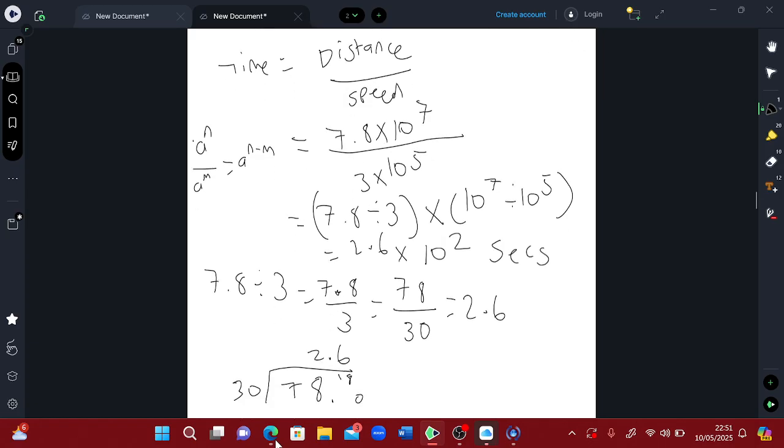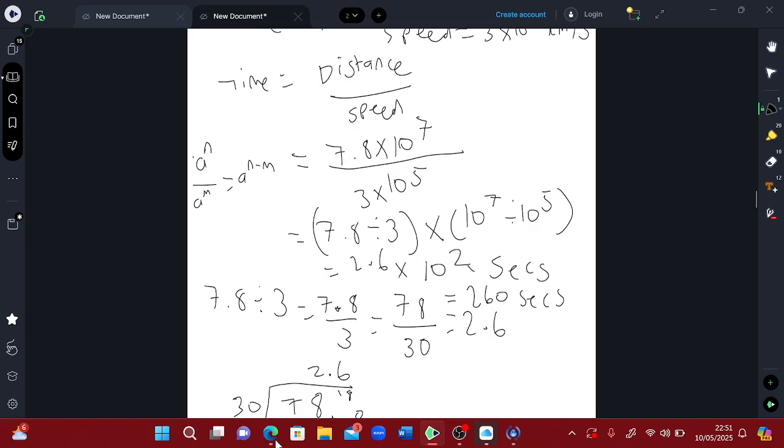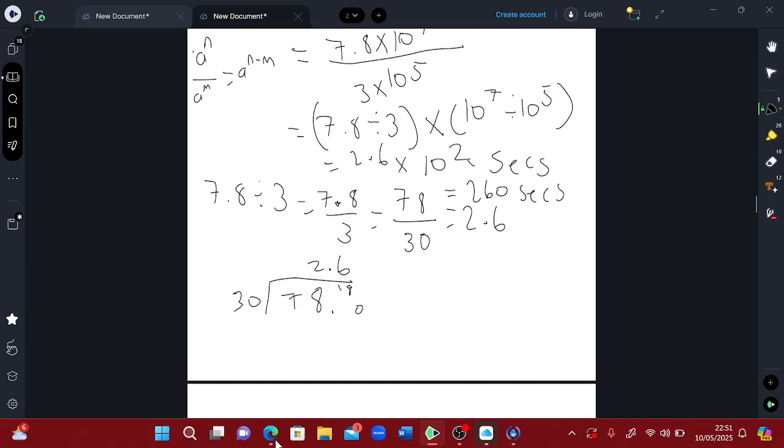If you then wanted to convert that to an actual whole number, again, move the decimal point right by 2, so 26, 260. Move the decimal point 2 times, okay? And that's how you'd approach a question like that without a calculator.